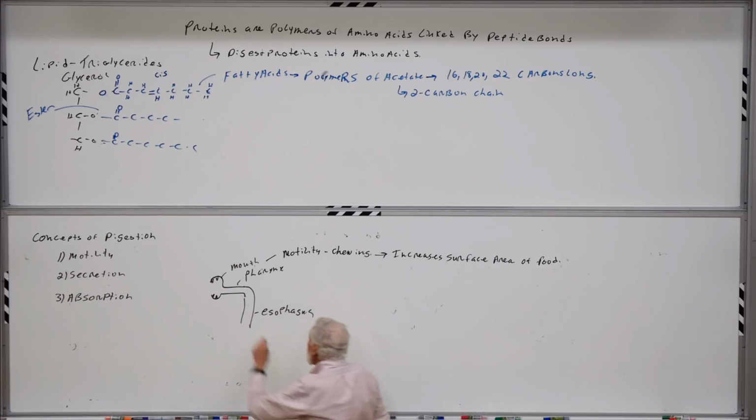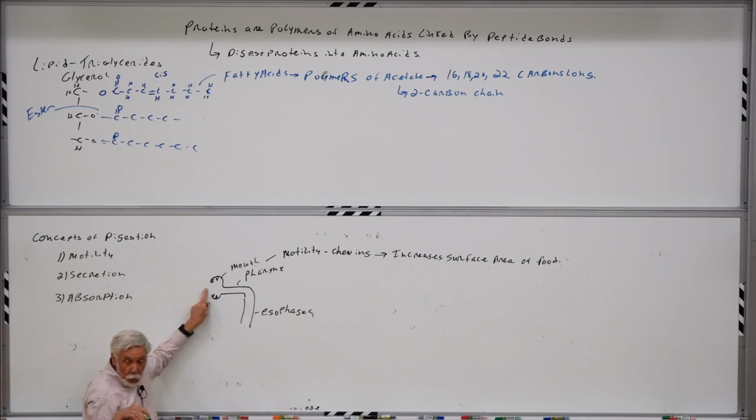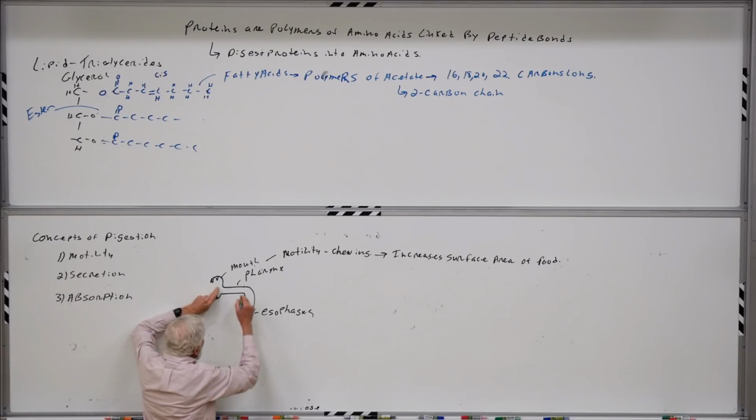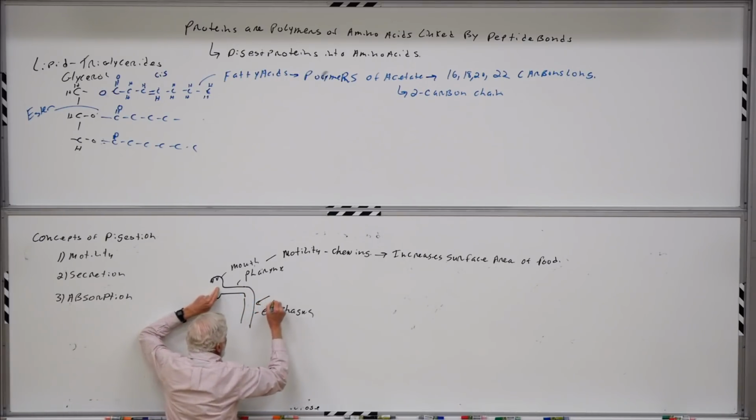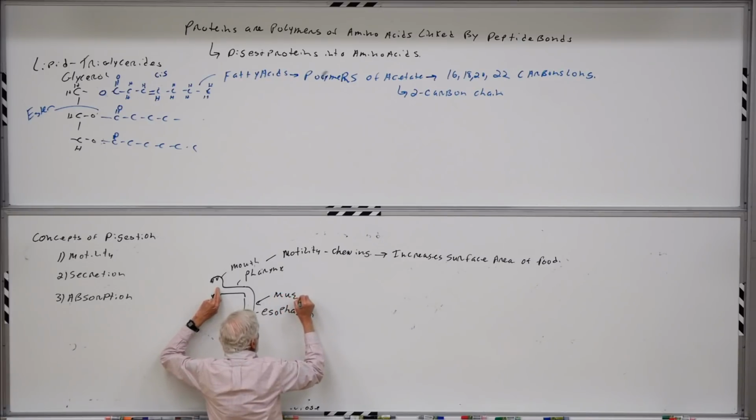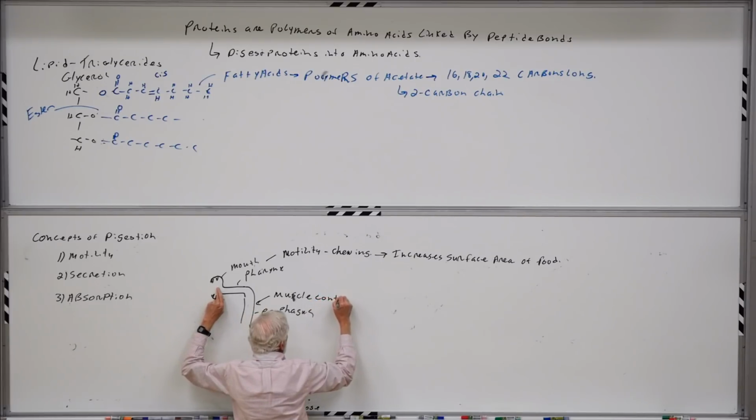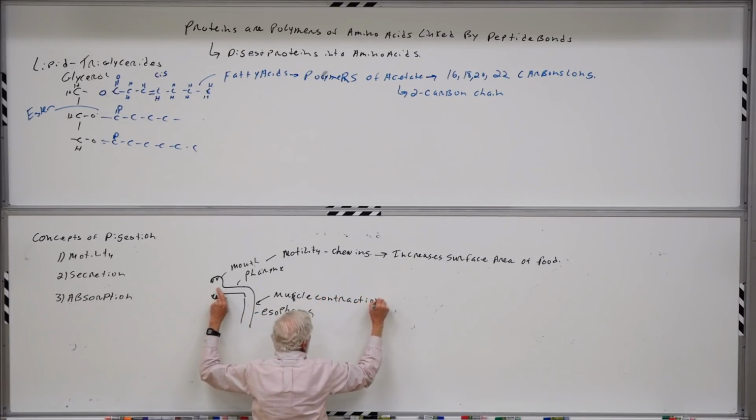Go out for lunch, you're going to take a bite, you're going to chew it until you increase the surface area. And then you're going to take your tongue and push what you've chewed back up against the soft palate at the back of your mouth, and that's going to start a reflex, which then starts the muscle contraction in the esophagus.